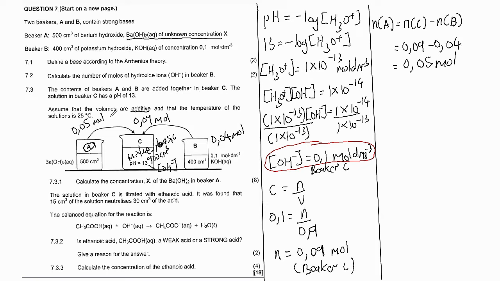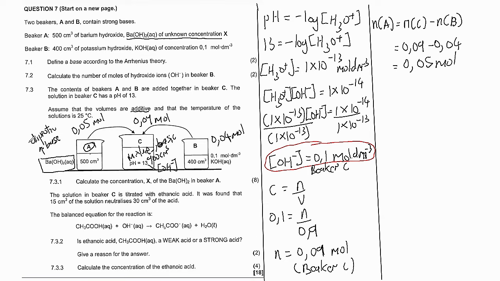Now we can calculate the concentration. But the catch is this here is what we refer to as a diprotic base. Now you have heard of a diprotic acid, but what is a diprotic base? If a diprotic acid is able to donate 2 protons, then a diprotic base is able to accept 2 protons.